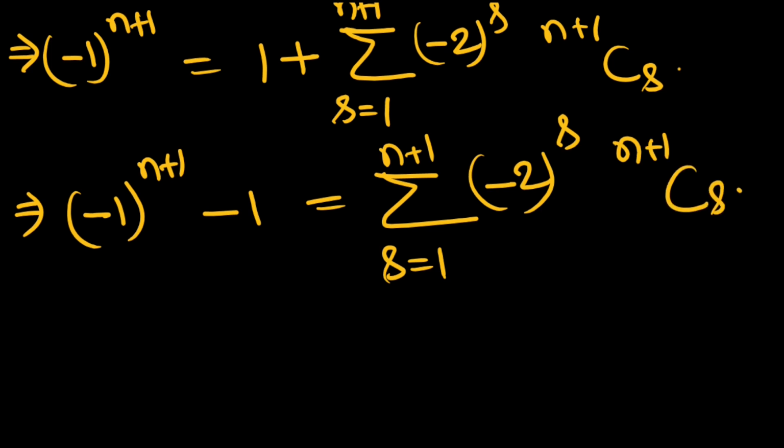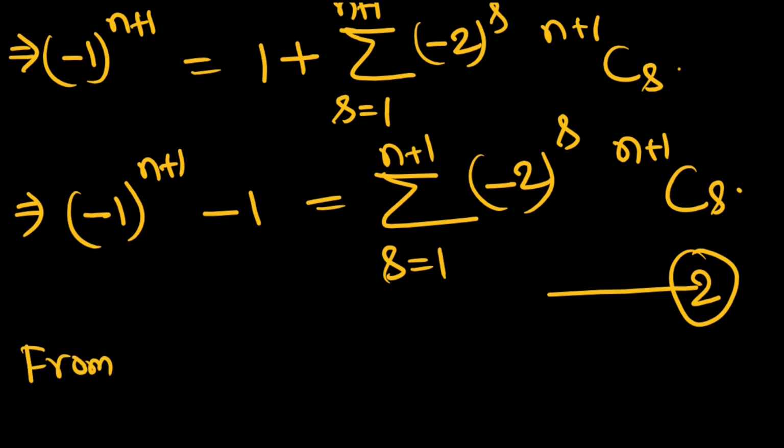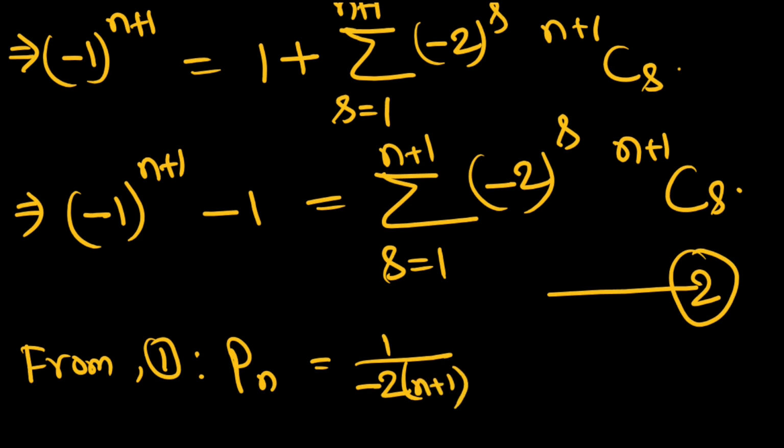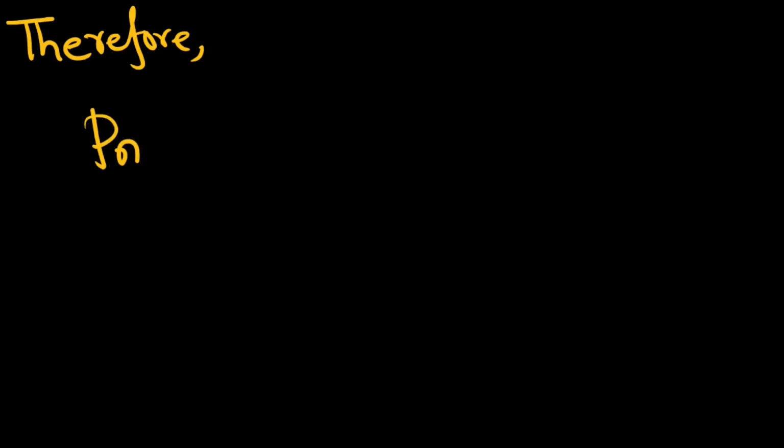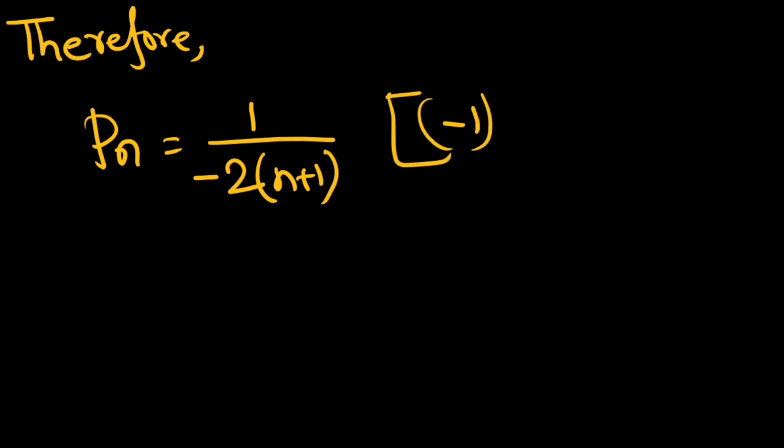Now numbering it 2. From 1 we get Pn = 1 over (-2)(n+1) summation s = 1 to n+1, so that value is (-1)^(n+1) - 1. Therefore Pn = 1 over (-2)(n+1) times ((-1)^(n+1) - 1).